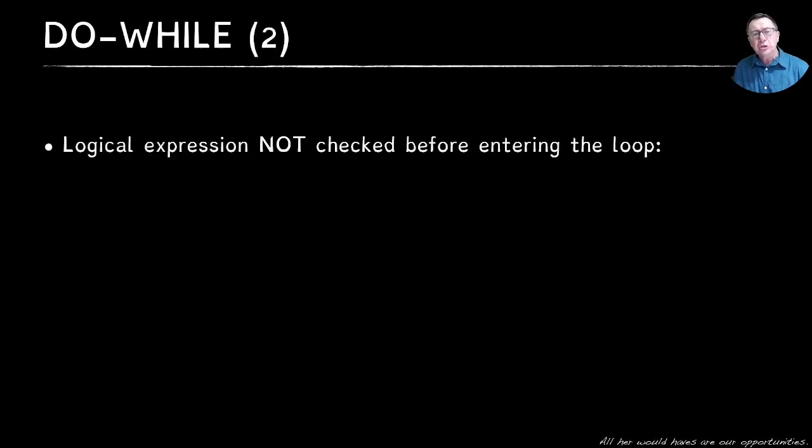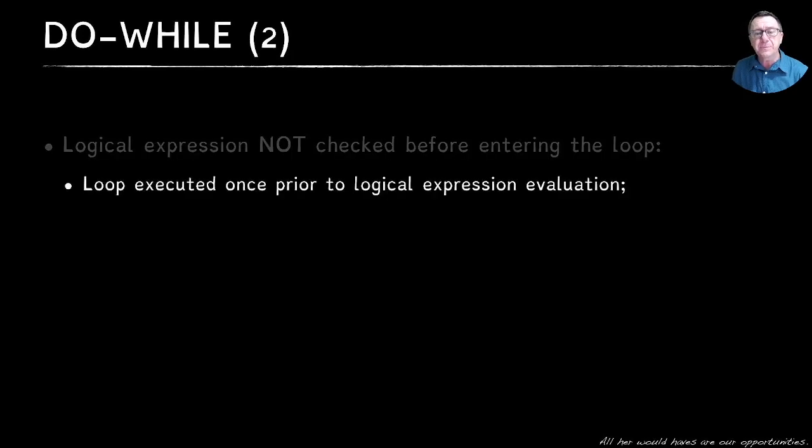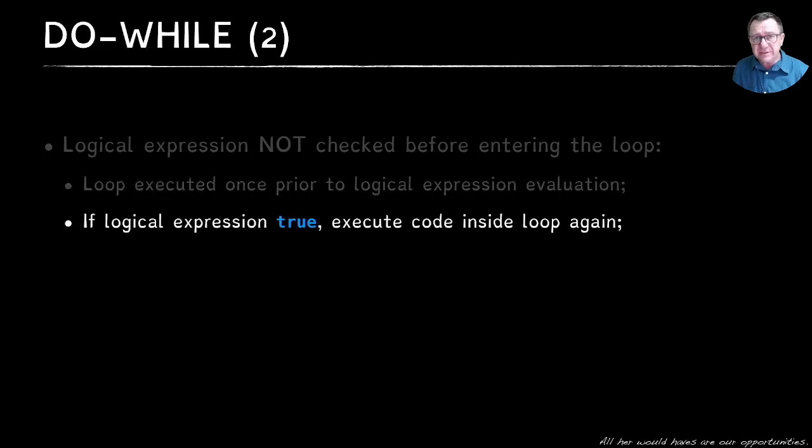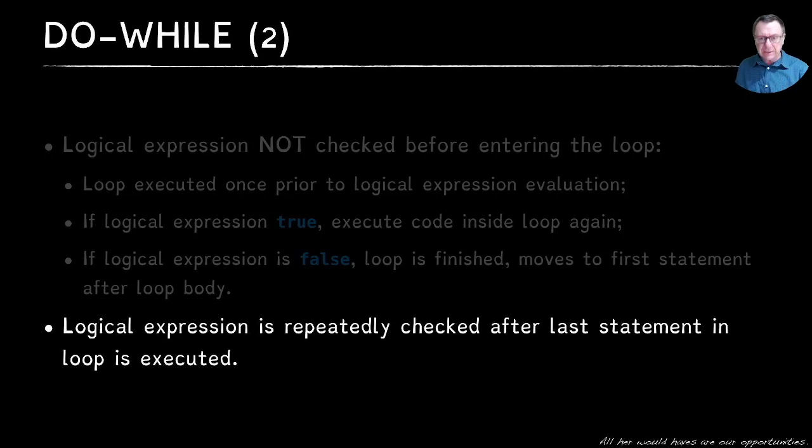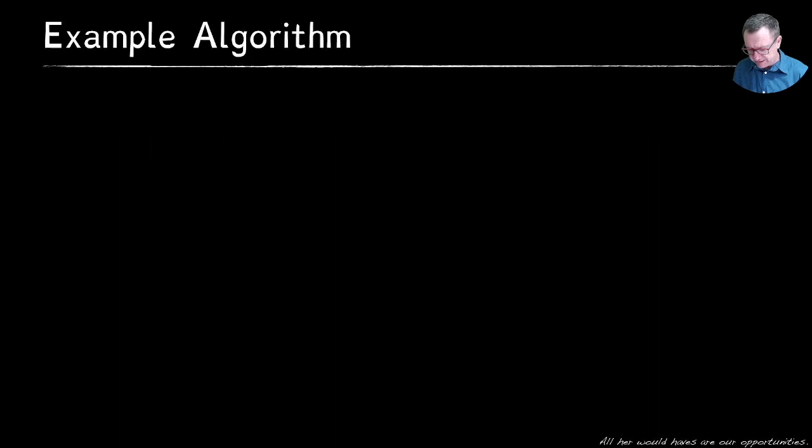The logical expression isn't checked before the loop executes, so it's executed once before we do a check. If it's true, we go again. If it's false, it exits that loop and continues on at the first line outside of the do while loop. So the logical expression is repeated, and we keep checking until that changes.